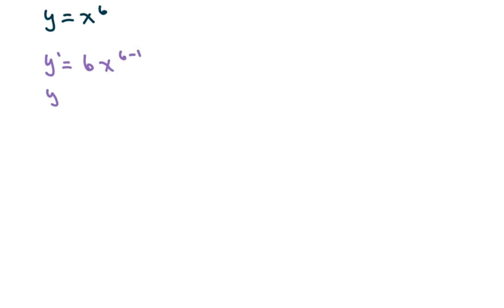So the derivative of y is 6x to the 5th. You just go down 1 on that. Okay, the next one we have is y equals x to the 8th. So the derivative of y is just going to be 8x, and you go down 1, so that would be to the 7th, or you can do 8 minus 1.